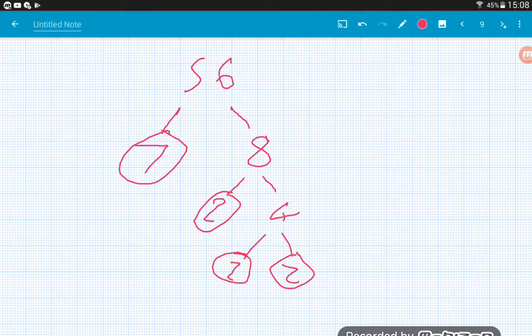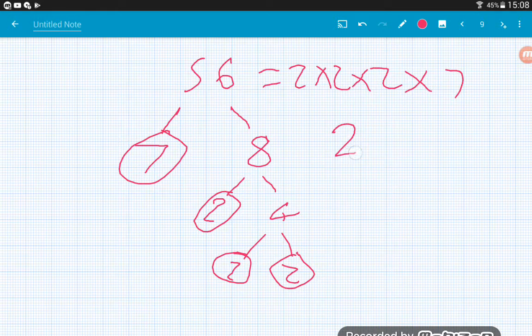Okay, so we've got 56 is equal to 2 times 2 times 2 times 7, which we can write as 2 cubed times 7. 56 is equal to 2 cubed times 7.